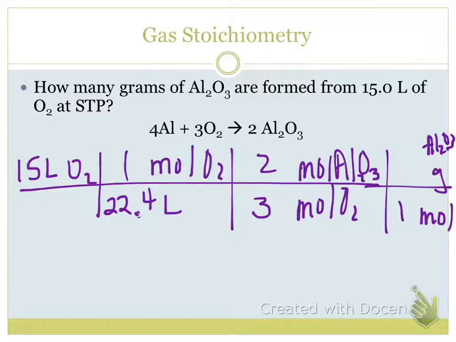So for molar mass, we need our calculator. I think aluminum is somewhere around 107.8, 107.9, something like that. Aluminum's what? 27, I'm sorry. 107 is silver, Ag.